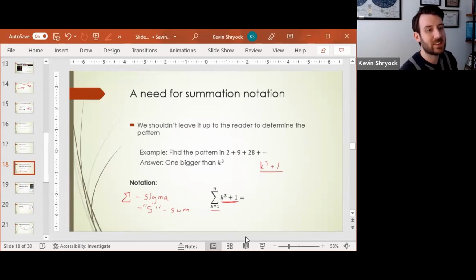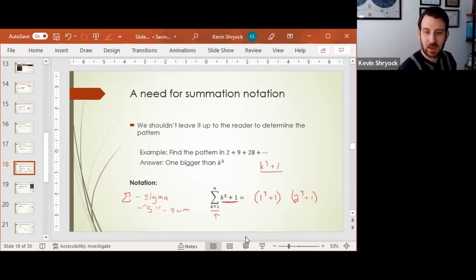So we could expand this entire notation. We start with k equals 1: I put in 1, I cube it, I add 1. That's the first thing. Then I repeat that pattern with 2. So I do 2 cubed plus 1, lock it in.